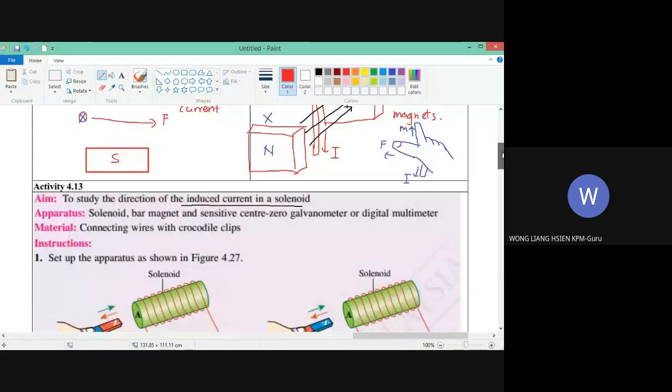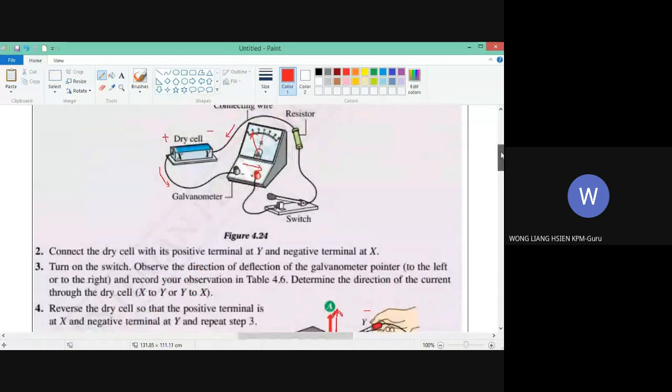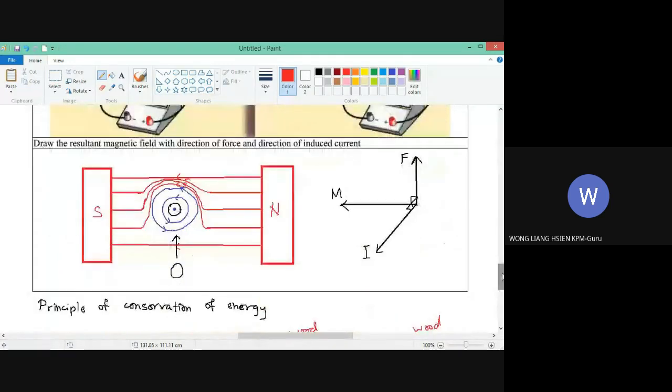Same like this one. You see, we push in, so this force produces the induced current. So the magnetic field of the induced current produces an opposing force to push back.